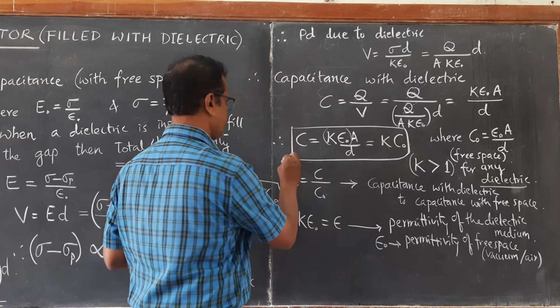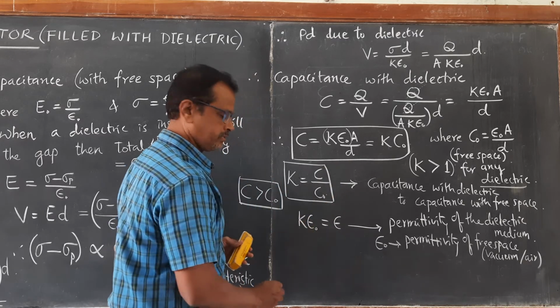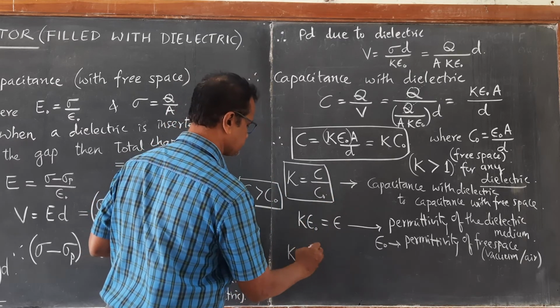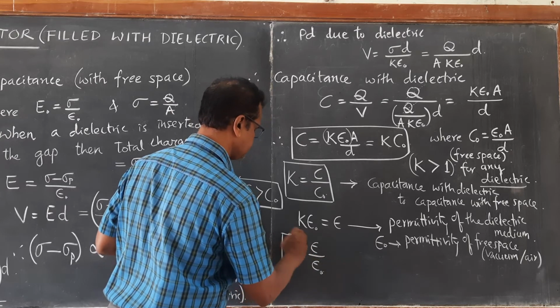Now, there is one more way of defining the K value, the dielectric constant. So, dielectric constant can also be defined as epsilon by epsilon naught.